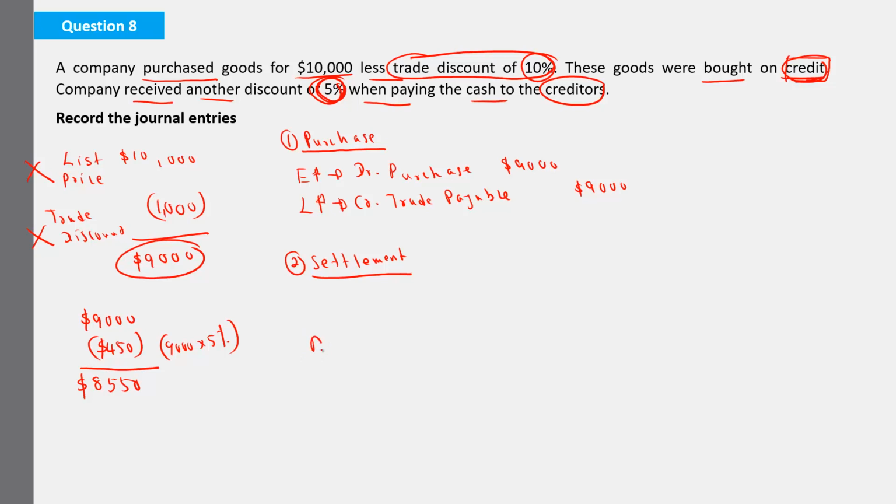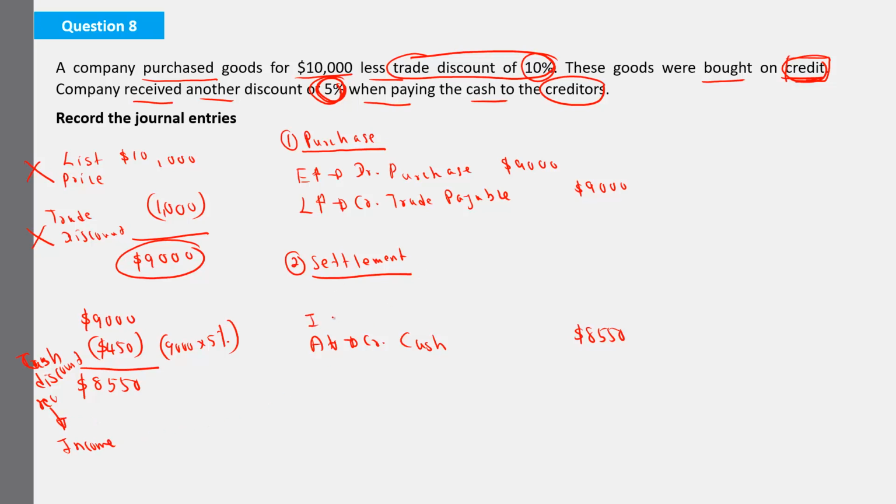cash. So my asset is going to decrease. Asset decreases, it's a credit record. Which asset? Cash asset will get decreased by how much? 8,550. So what you have to understand is 450 is the cash discount. It is the cash discount that I received. We will consider cash discount received as an income.